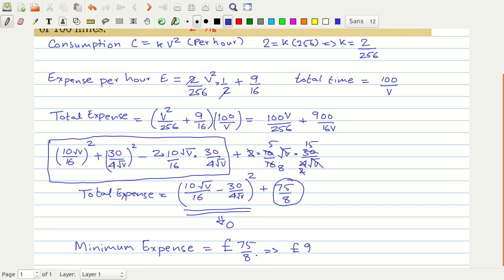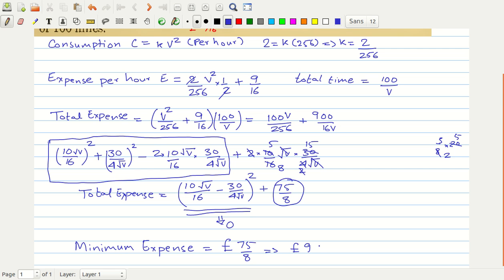So 3 by 8 into 20 becomes 60 by 8, which is 15 by 2, which is 7.5.